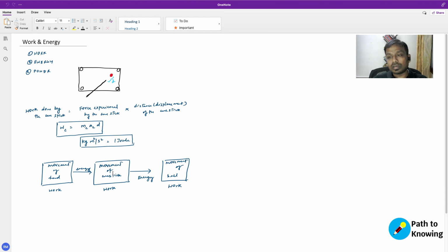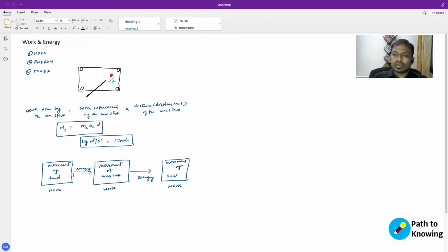The cue stick ended up doing that work, and by virtue of doing that work, the cue stick created some energy, and that's what ended up in the movement of the ball. I'm using the word creation of that energy, which is not accurate, but for now, take it like that, because it's all actually related. It's the same energy that is moved from one object to the other. It is all transferred from the hand.